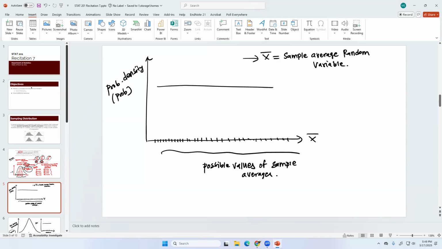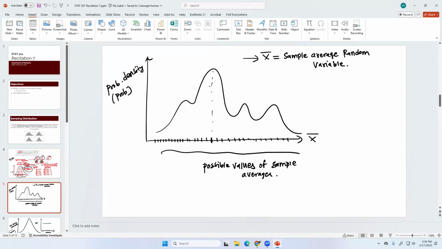It could be a normal distribution. So it could be any distribution. Okay, let me say it's a distribution like this. It means that this guy has a high probability.